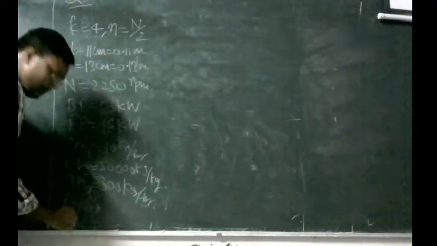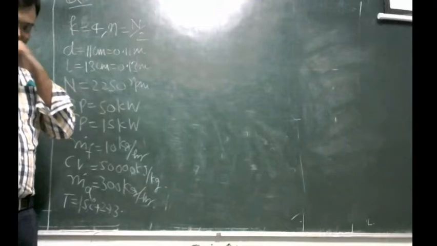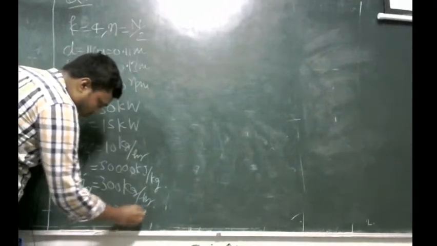We can convert 15 to Kelvin by adding 273. So 15 plus 273 becomes 288 Kelvin.